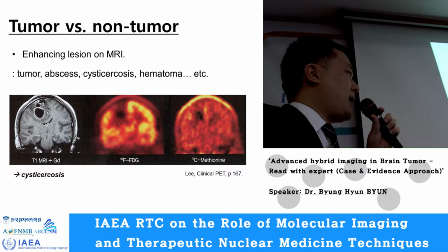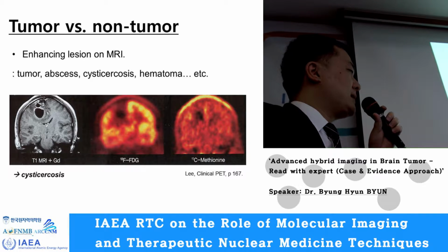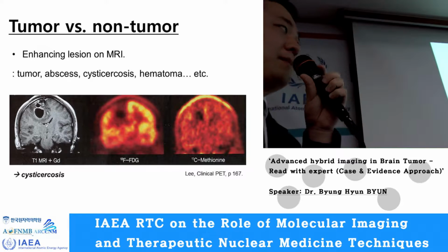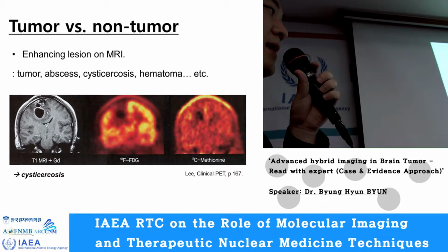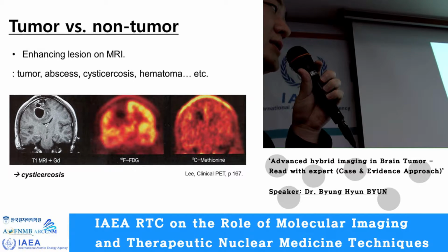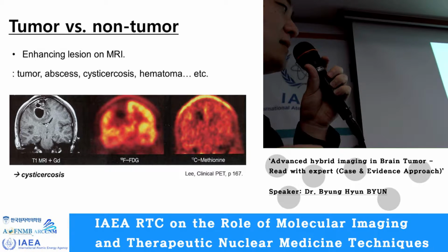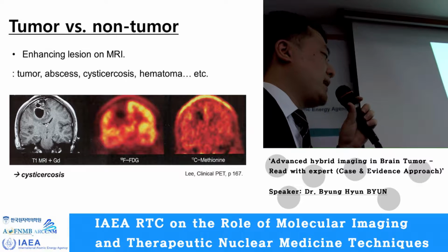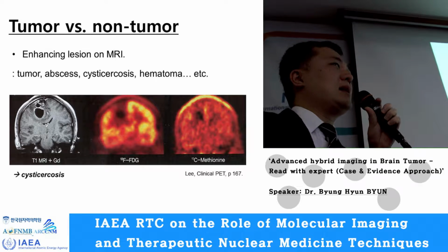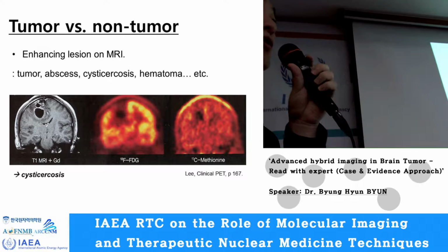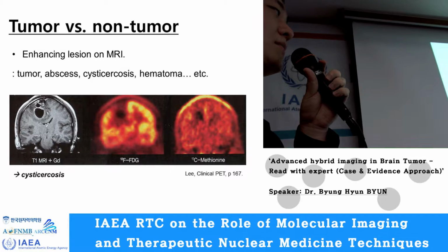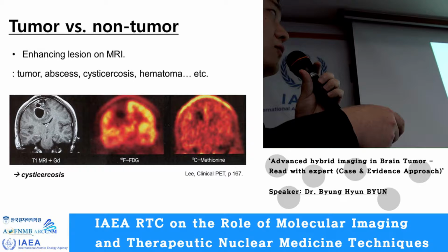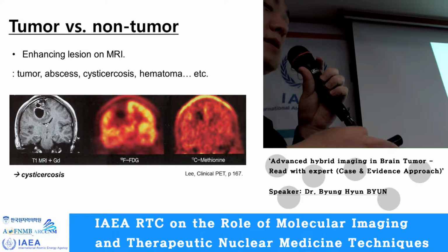But FDG PET did not show significant uptake around the cystic region. And methionine PET also did not show significant increased uptake. And actually, the lesion was confirmed as cysticercosis, and it was not a tumor lesion. So sometimes PET may be useful for differentiating tumor and non-tumorous regions.